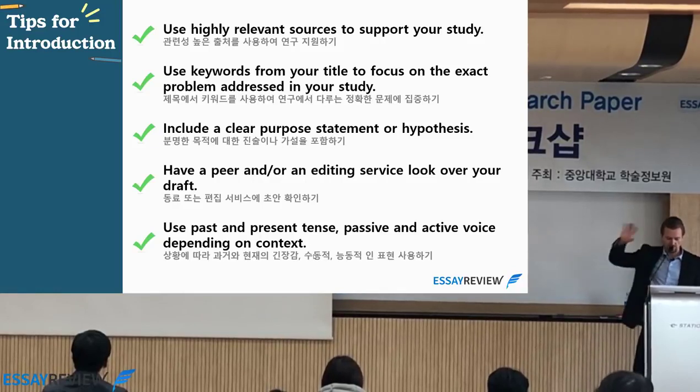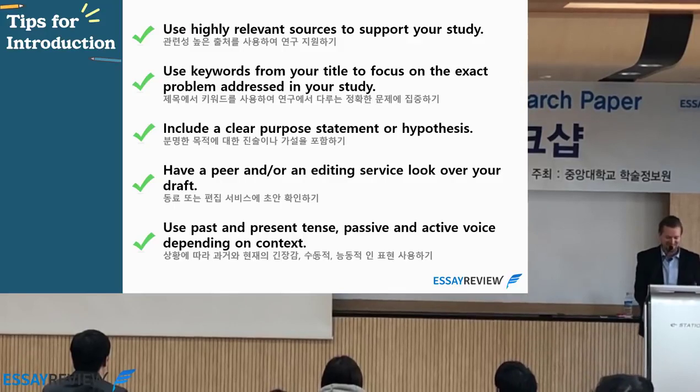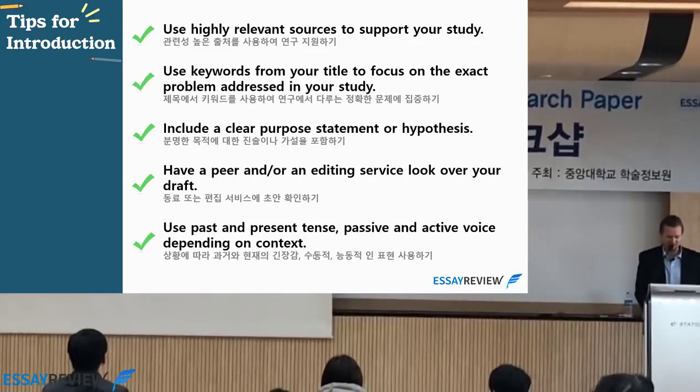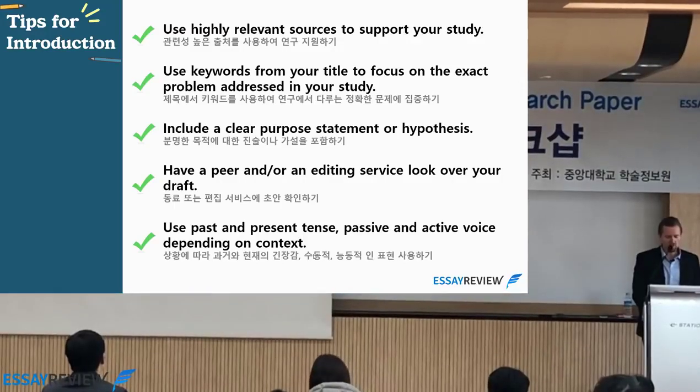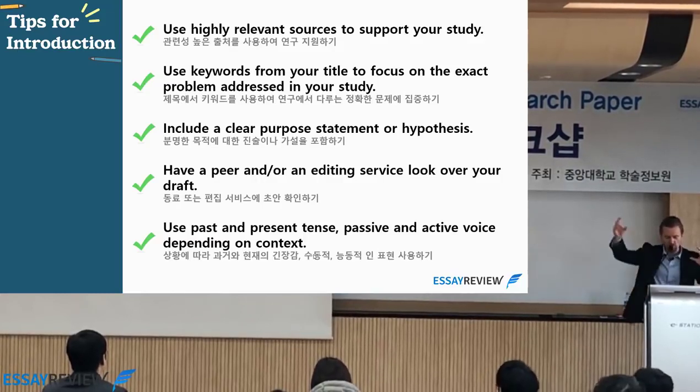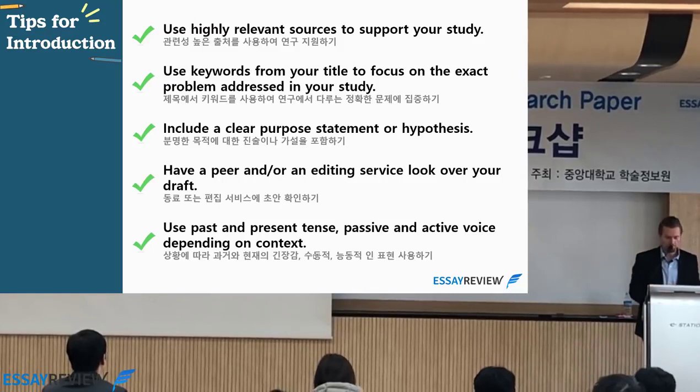Don't use Einstein if you're not writing about his exact theories of relativity or related theories. Use keywords from your title. So in your introduction, use words from your paper title right away. And include a clear hypothesis, of course.